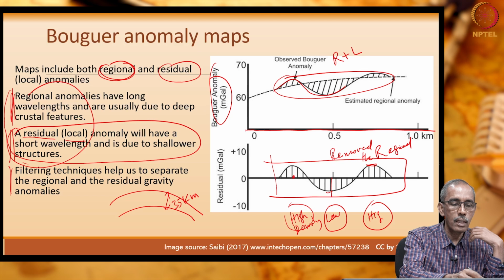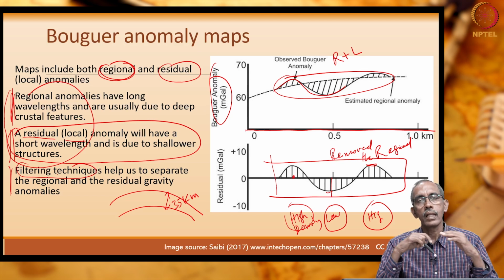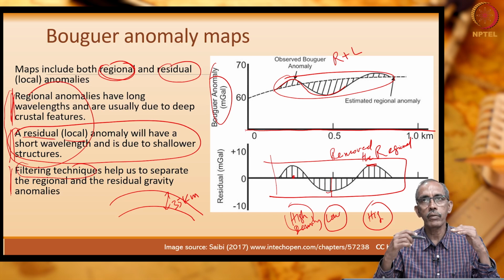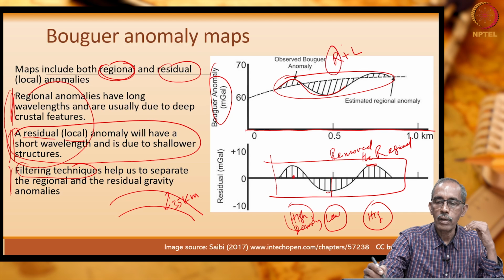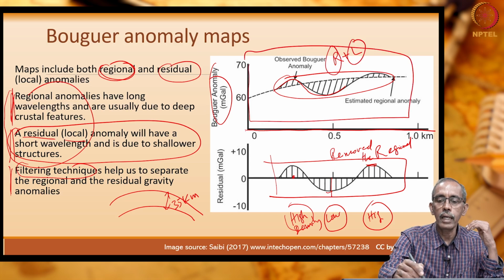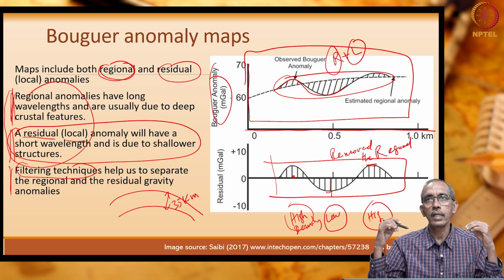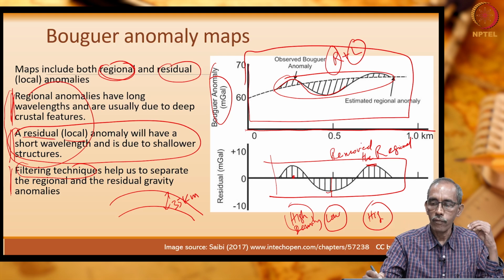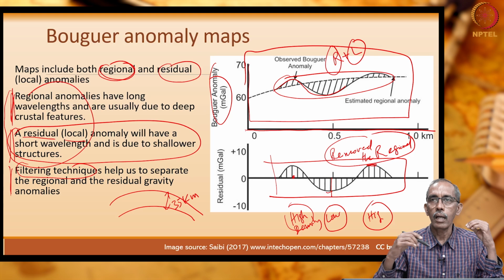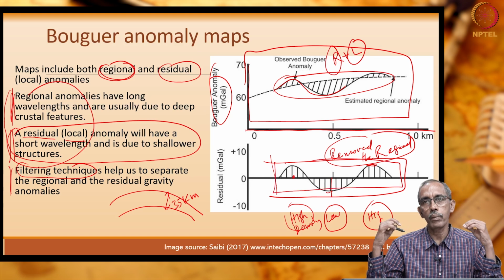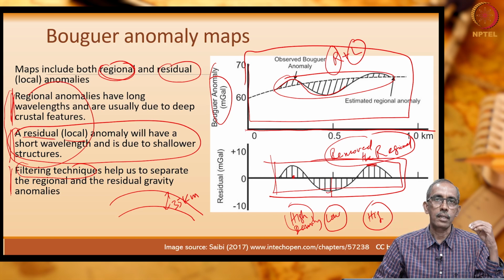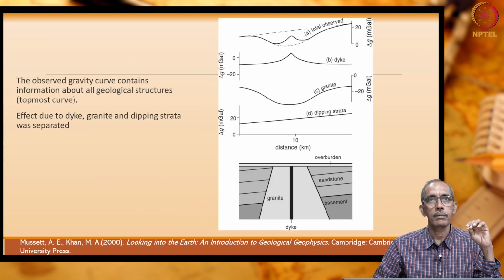We have used some filtering techniques that help us to segregate between the regional as well as local. So, here in the top picture we see the combined effect of regional plus local. Here we have removed the regional anomaly. So, what we have is only the local or residual anomaly. That is what we make use of in exploration, right, especially to understand the shallow subsurface.